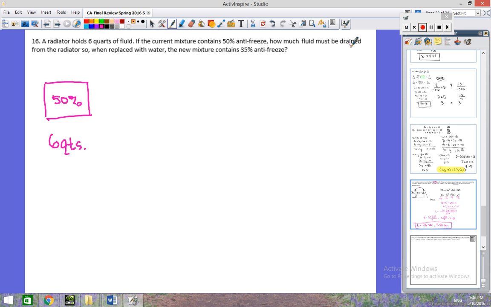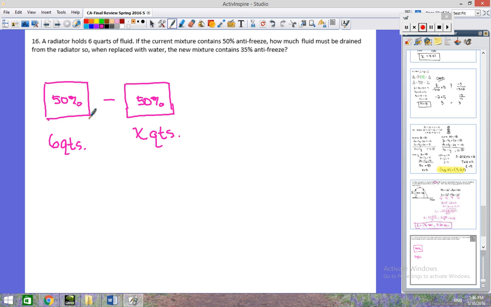How much fluid must be drained? We're going to drain some of this out, and then we're going to replace it with water. So, when we drain it out, I don't know how much we're going to take away, but we're going to take away some of this fluid. When you take away that fluid, we don't know how much, so it's x quarts.